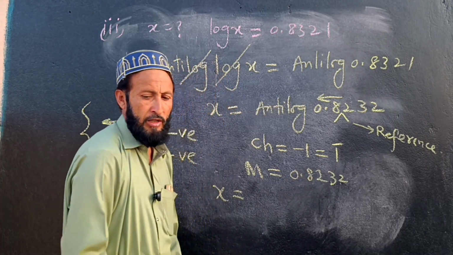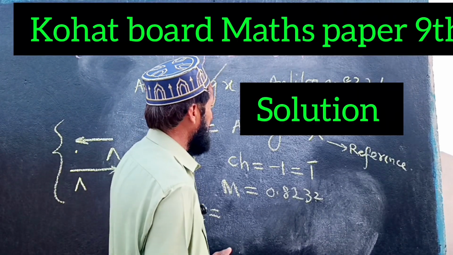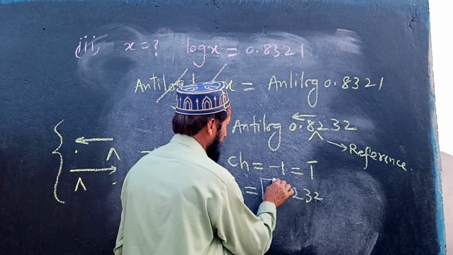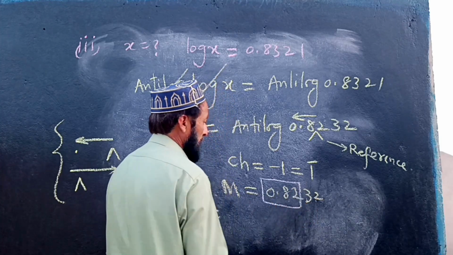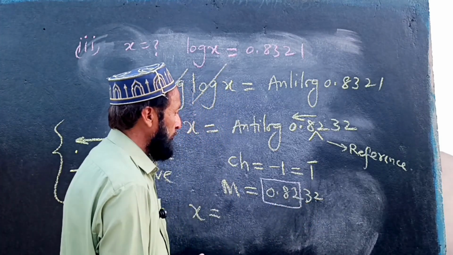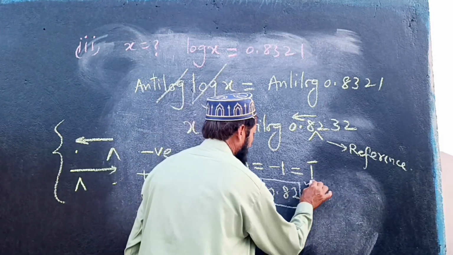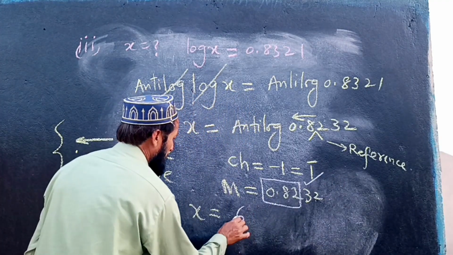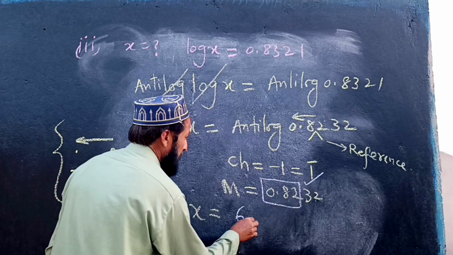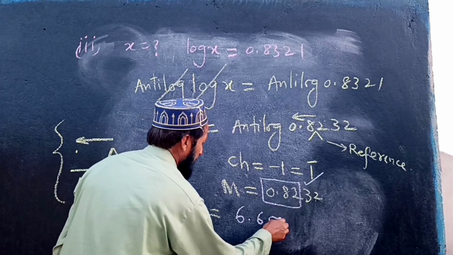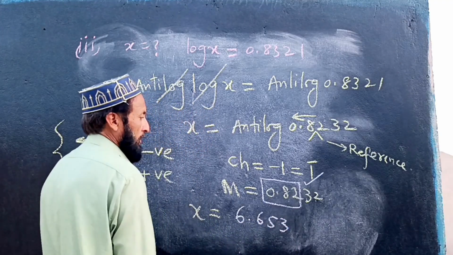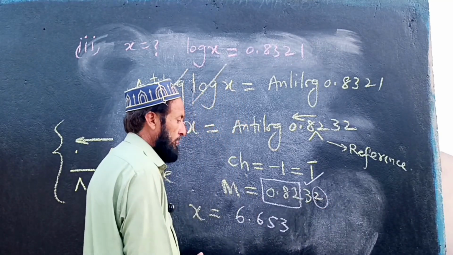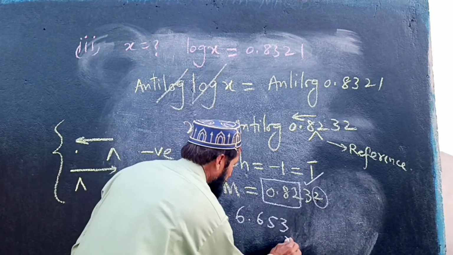We look for the main value from the mantissa 0.82, and the main column 3, so we get 6.653, and the extra column value is 2.